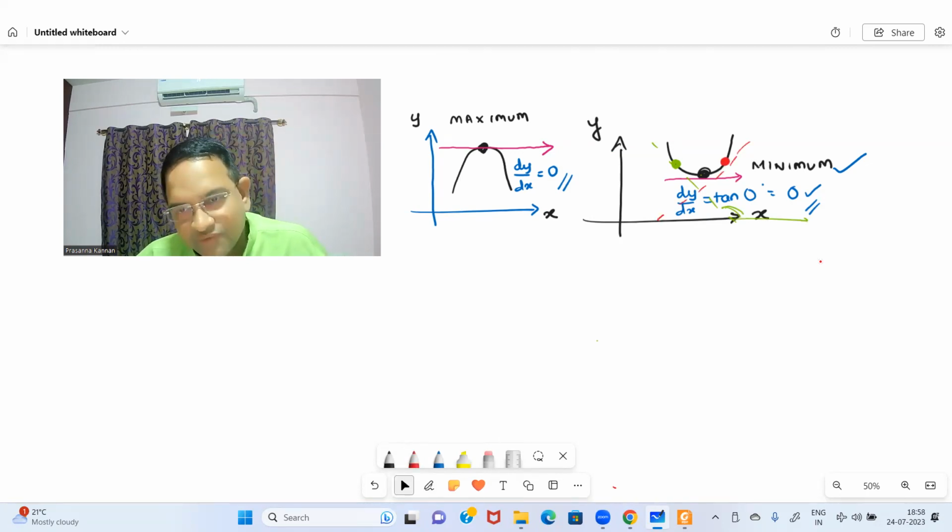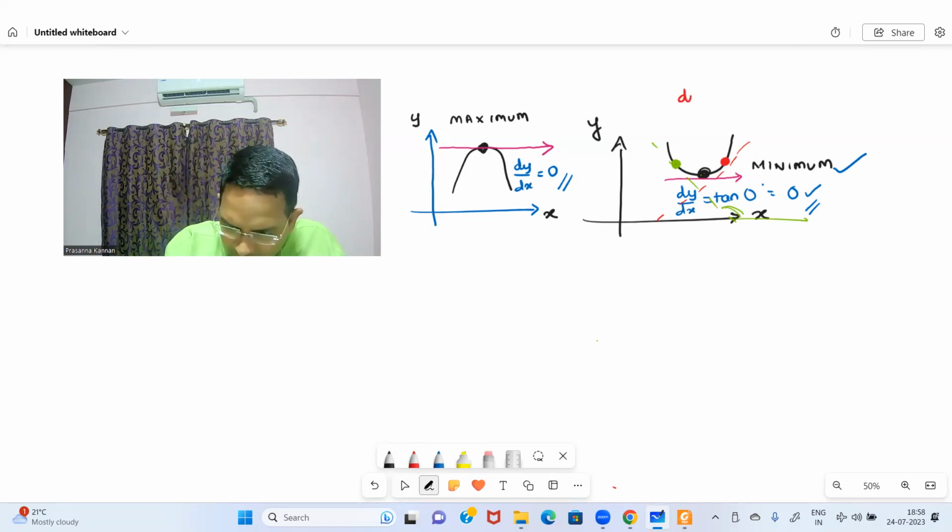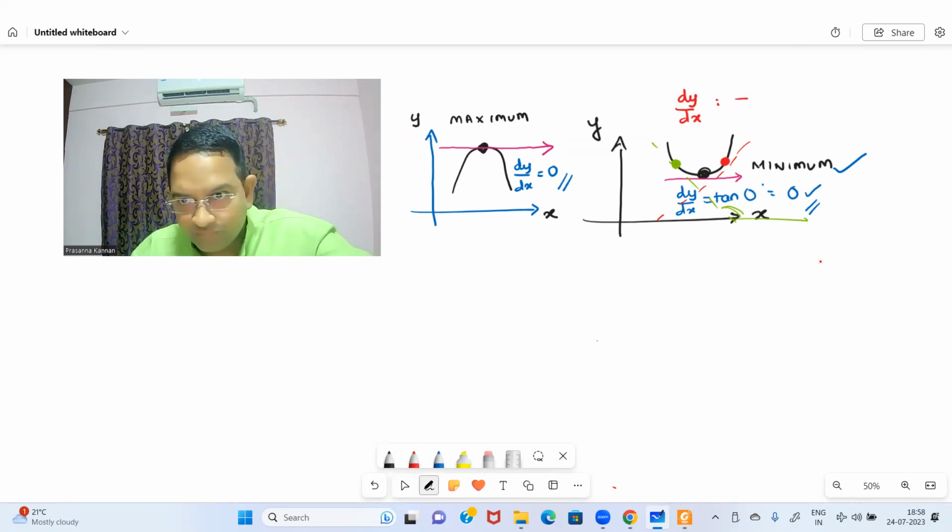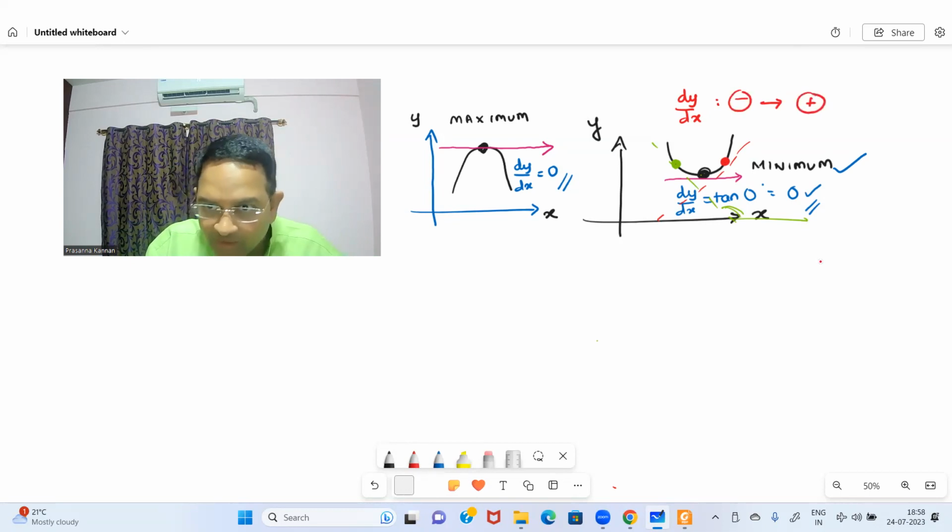Fantastic. So dy by dx is going to change sign around that point, from being negative to positive. Here, what is dy by dx? Negative, because the tangent makes an obtuse angle.